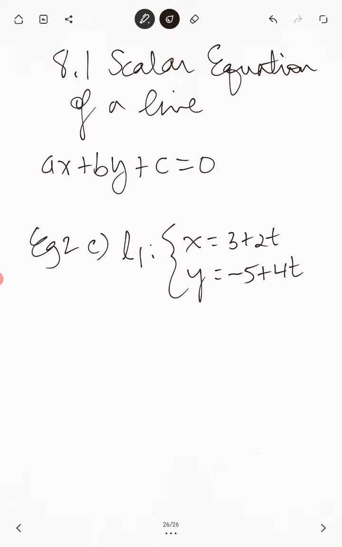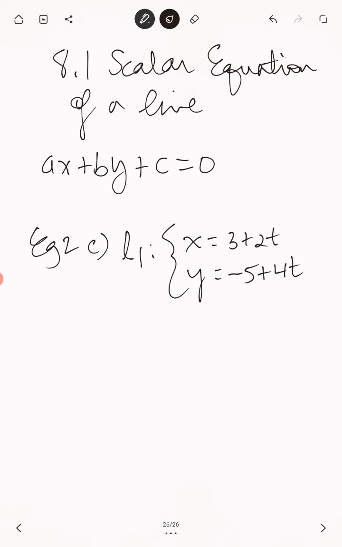in a minute. So first I want to finish example 2, which I did A, B, and D parts in my previous video. I'm now going to do example 2 part C. And so it asks us to get the scalar equation of a line from the parametric equations for L1.